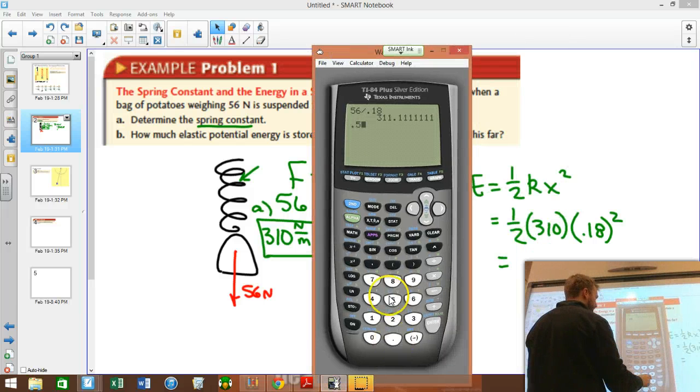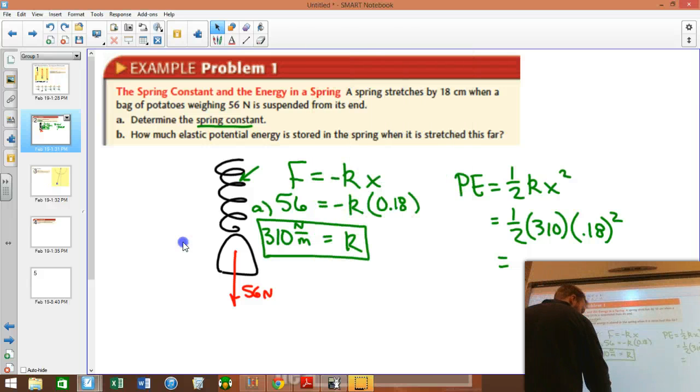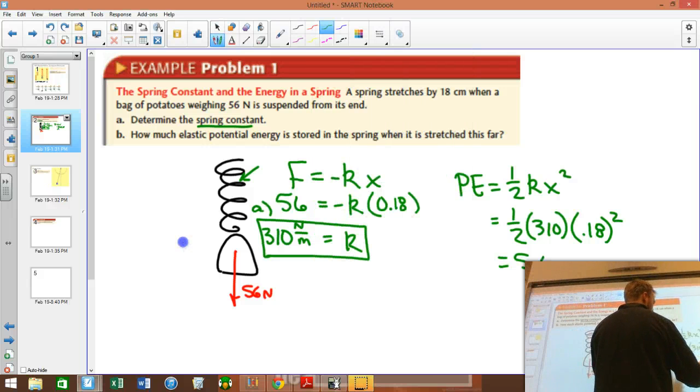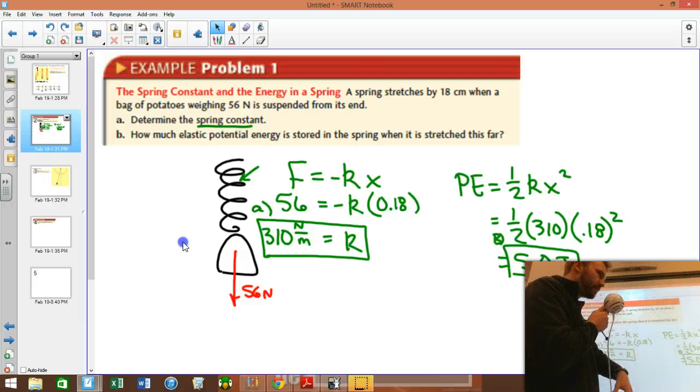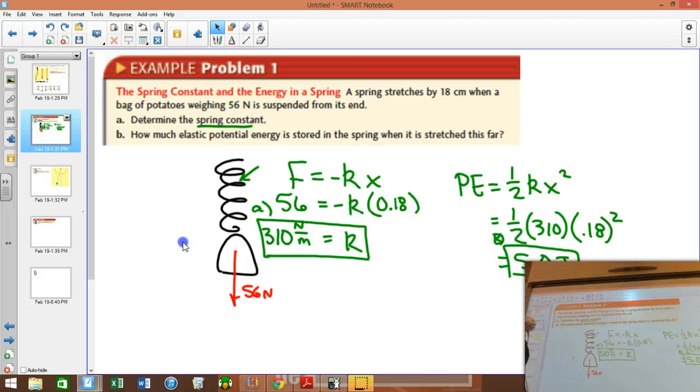So 0.5 times 310 times 0.18 squared. You get 5.0 joules of energy. So springs, pretty straightforward. You pull them, they want to pull you back. You push them up, they want to pull you back down. All governed by Hooke's law, which states that springs, the farther you pull them, the more force is on them.